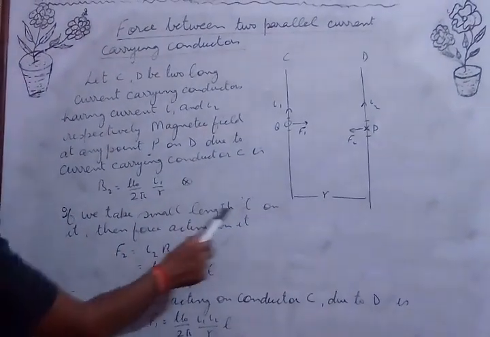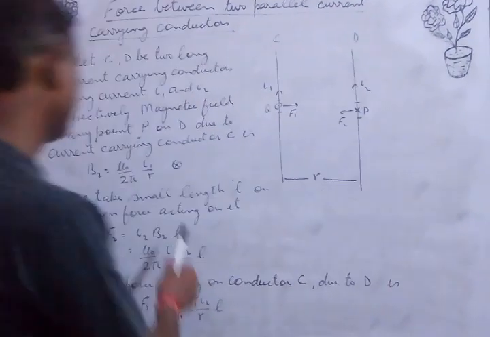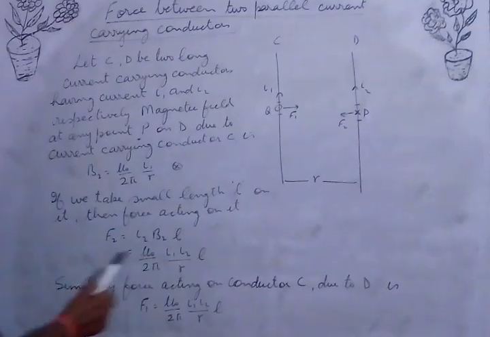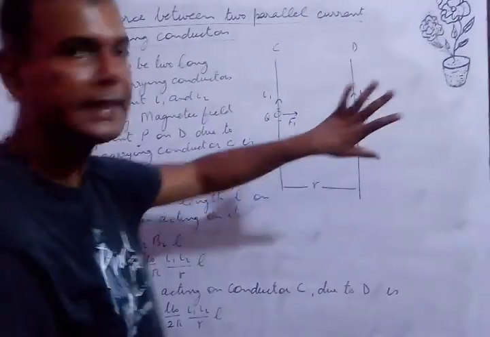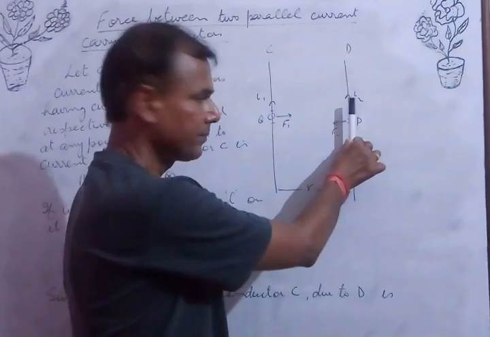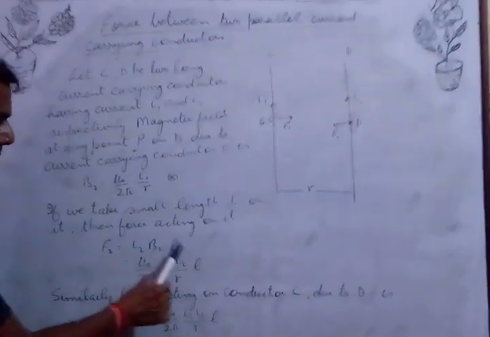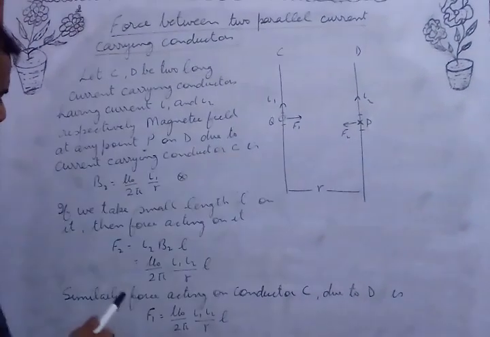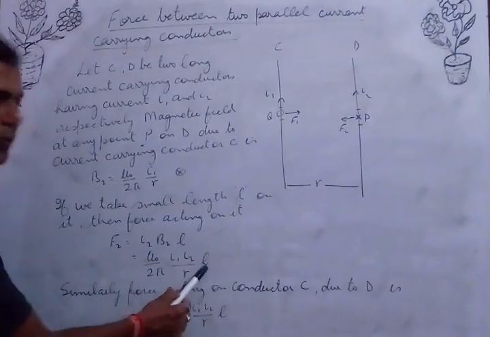If we take a small length L on D, the force acting on it, F2, is given by I B L sin theta. Here theta is 90 degrees, since the magnetic field is inward and the current is along the wire, so it becomes I2 B2 L. On putting the value, you get mu naught upon 2 pi, I1 I2 upon R, into L.